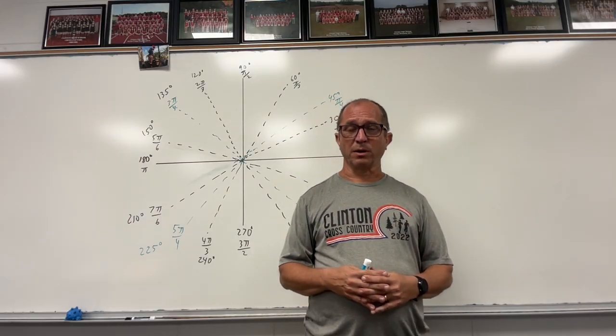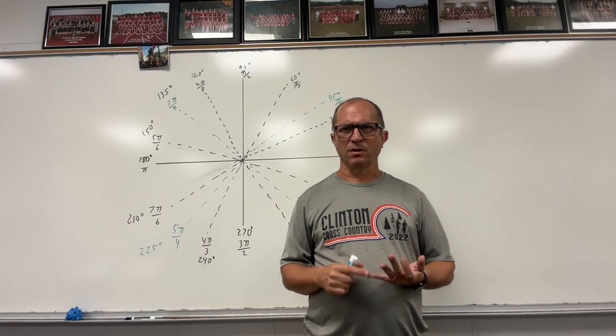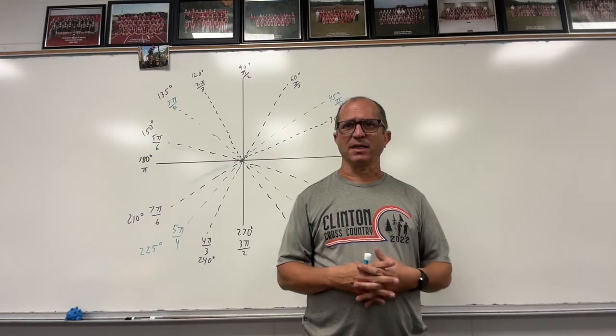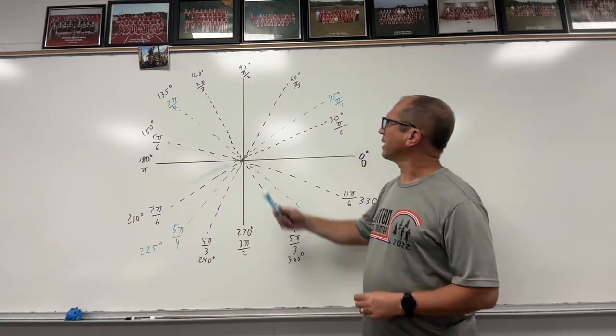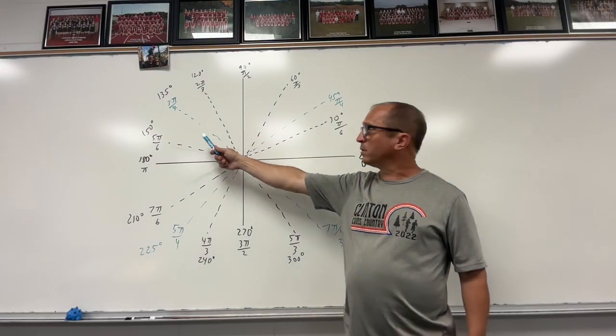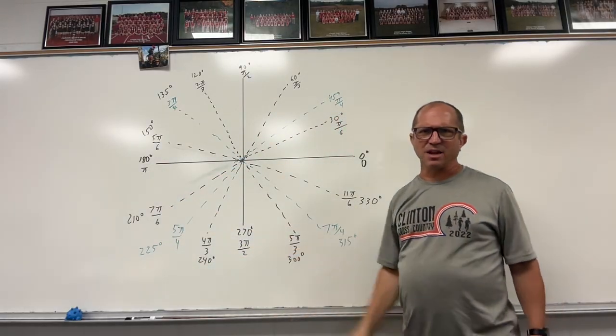And we're just going to be looking at all of your special angles, your 30s, 45s, 60s, and 90s. Your 90-degree angles are called your quadrantal angles. They go with 90 and pi over 2, 180 degrees and pi, 270 degrees and 3 pi over 2.